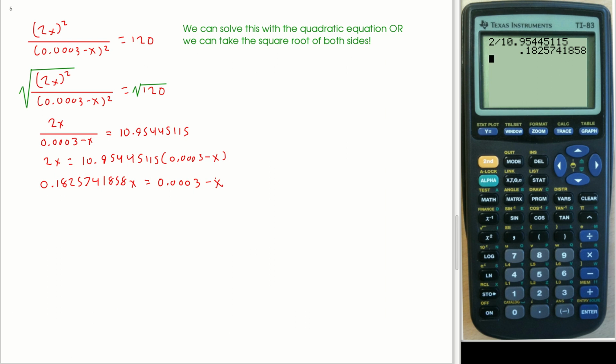So let me add x to both sides, which will give me 1.1825741858x is equal to 0.0003.